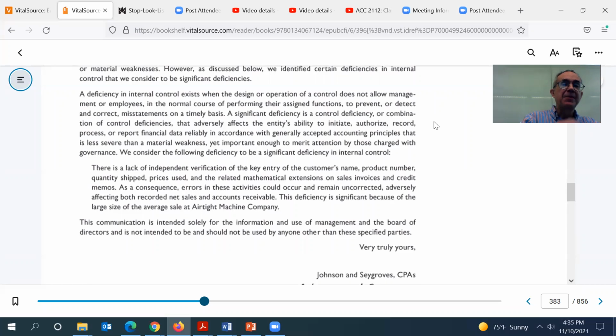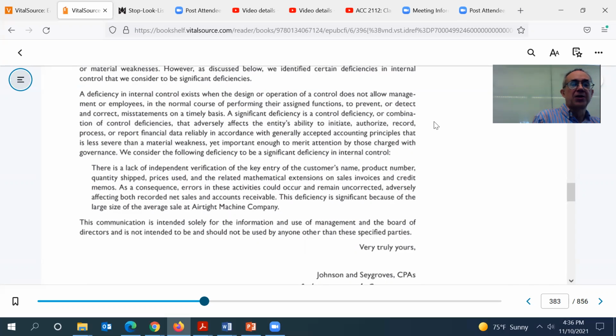Of the key entry, that means we have a data clerk there who is keying in information, just typing into the computer on a keyboard the customer's name, product number, quantity shipped, prices used, and the related mathematical extensions on sales invoices and credit memos. As a consequence, errors in these activities could occur and remain uncorrected, adversely affecting both reported net sales and accounts receivable.